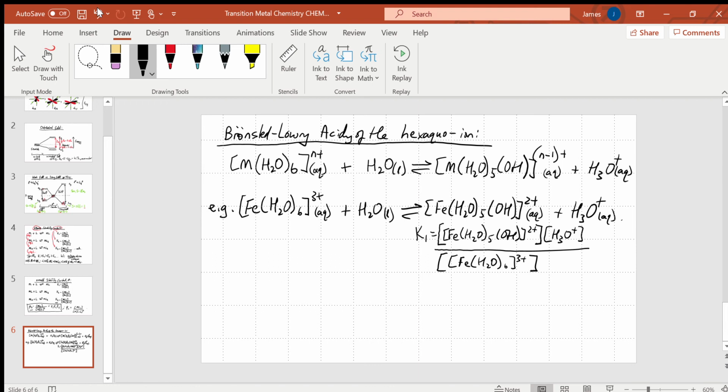If we then went on to look at K2, we could have iron, the product from our original expression. We could add that to water.